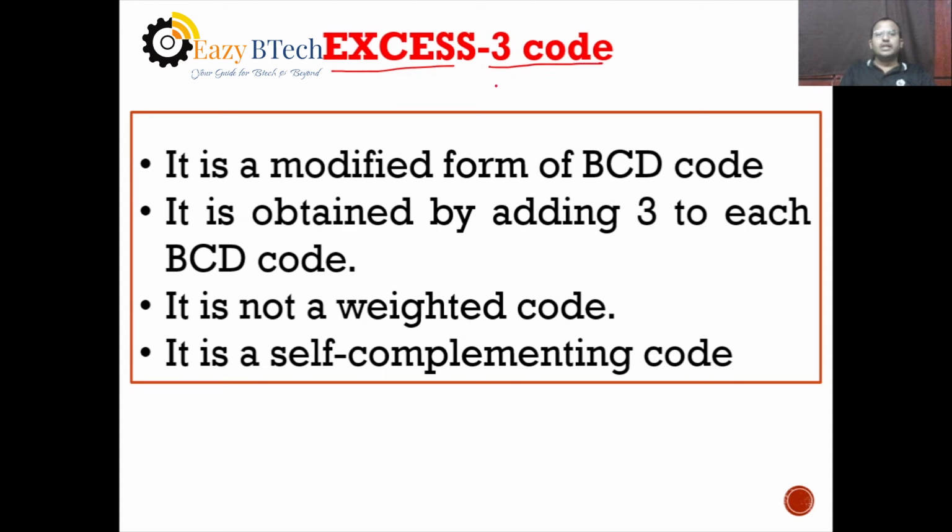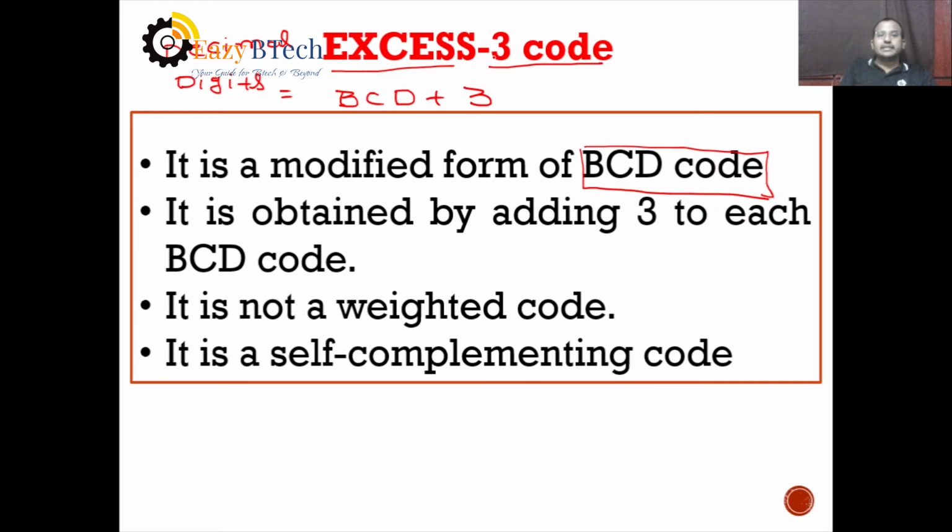XS3 code. So it is a modified form of BCD code. And why it is called XS3 code means, the code word for the decimal digits we are obtaining by adding 3 to each respective BCD code.